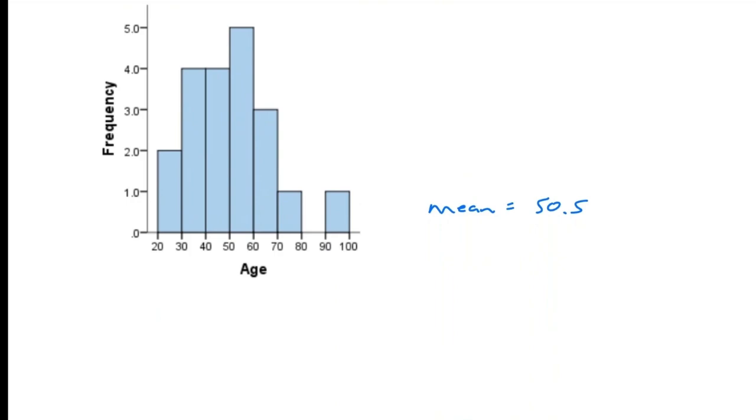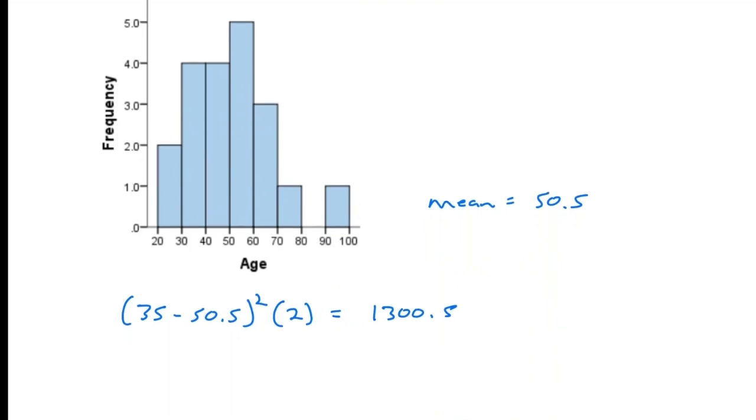I want to keep consistent here. 35 minus 50.5, right? That's the difference. And then square that. That's the squared distance. But in this case, because there are 2 data points in that bar, I'm going to multiply that by 2 because this technically represents the value for each of those. When I do that, that gives me 1,300.5.